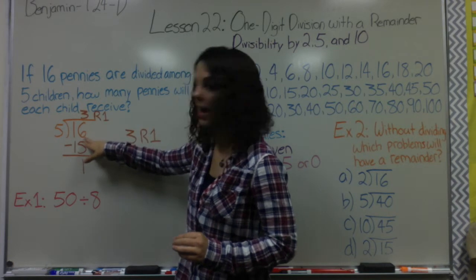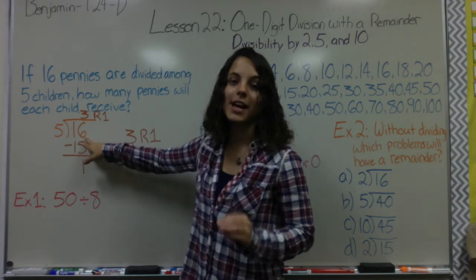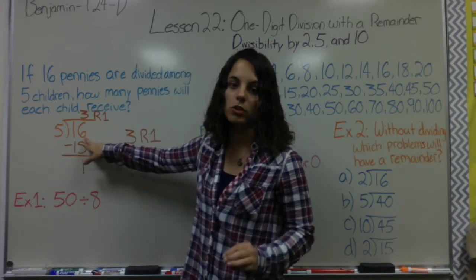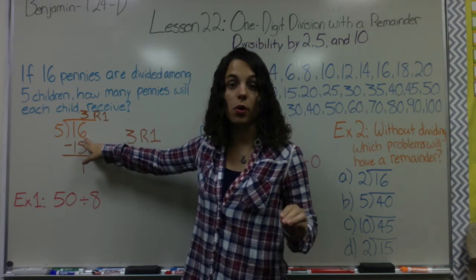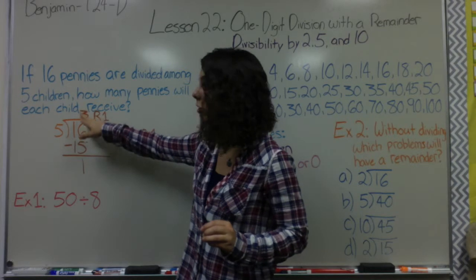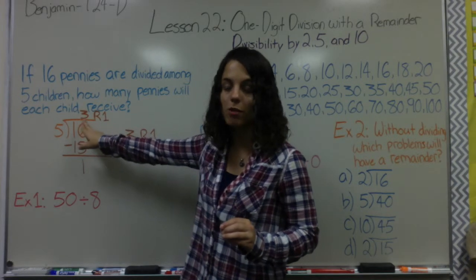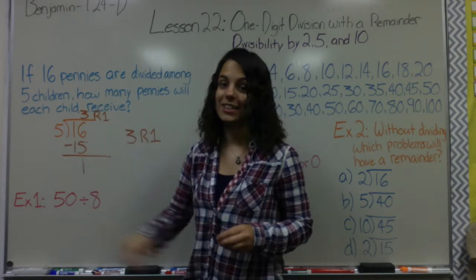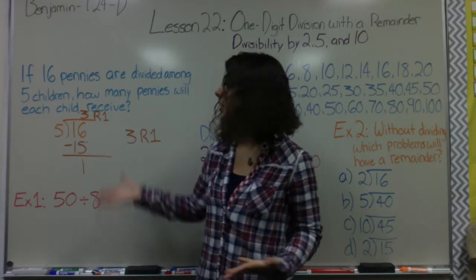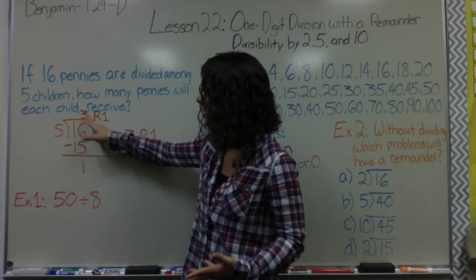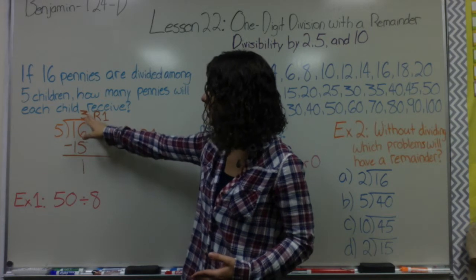So I want to put it over that last digit. That's very, very important to remember. If you are not organized or specific about where you put the digits in your quotient, then it can steer your whole problem in a different direction and you will have an incorrect answer. So you do need to be careful about where you put the digits for your quotient.